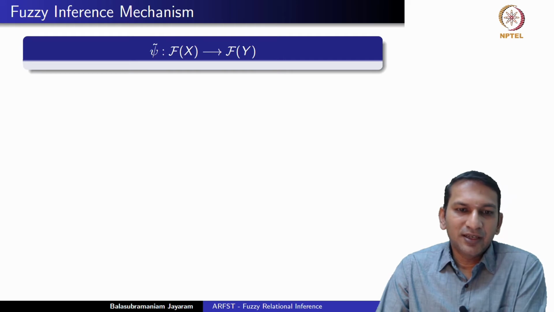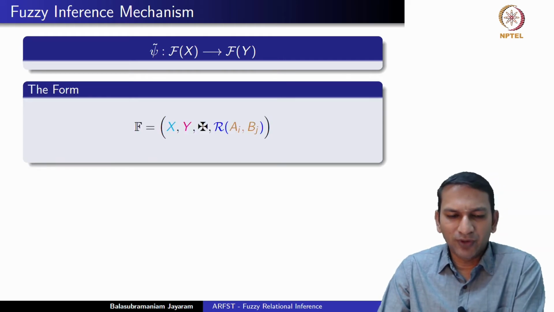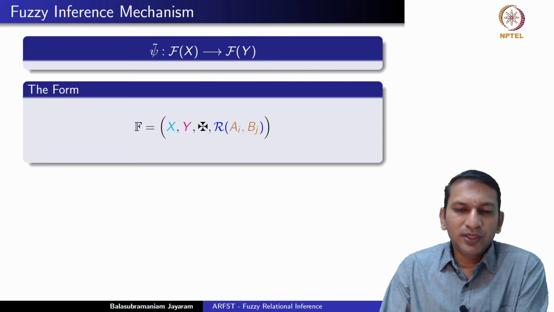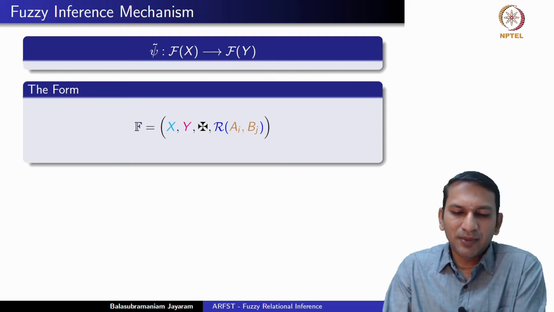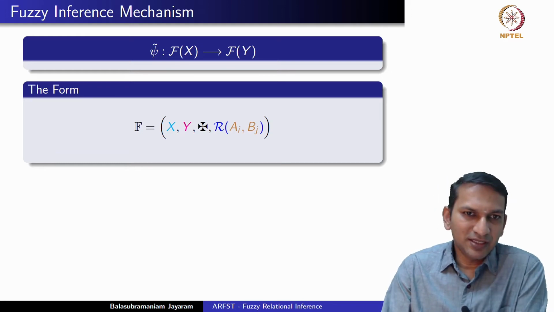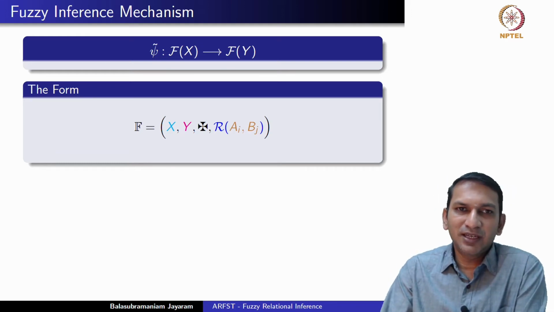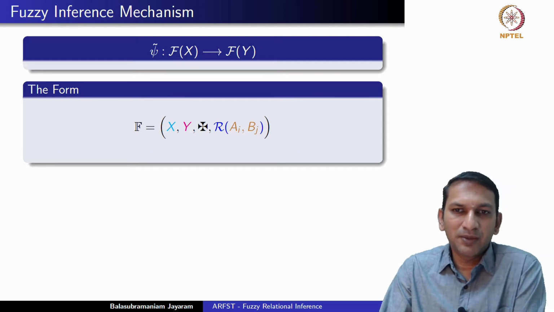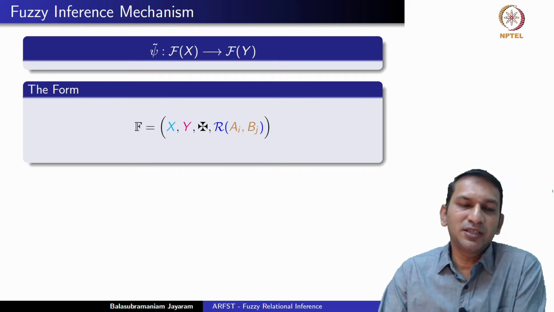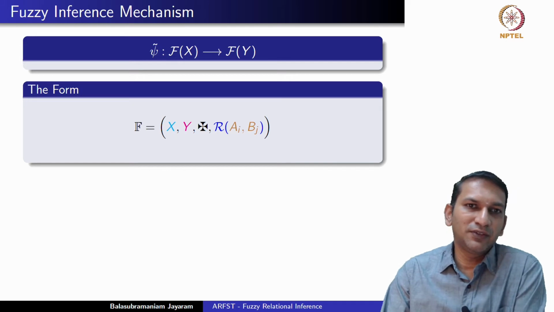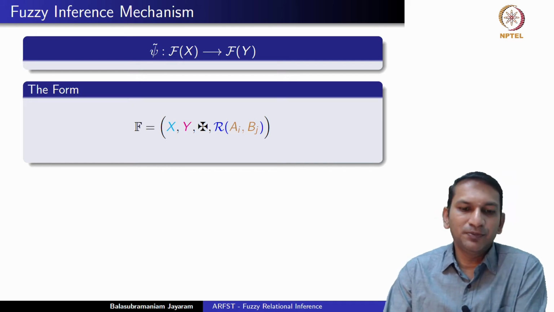So we said that a fuzzy inference can be looked at as a mapping from F(X) to F(Y). We could represent it by this quadruple. For the moment, we'll fix this. As we go along, we will see that we will need more and more parameters coming into the picture. This is a very simple watered down form of fuzzy inference that we are going to get introduced to.